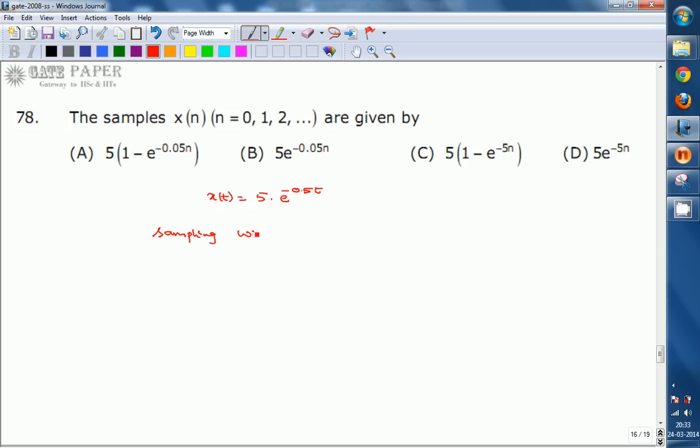With fs equals 10 Hz, the sampling interval capital T equals 1 by fs, that is 0.1.